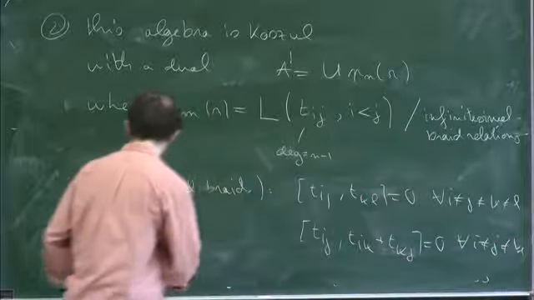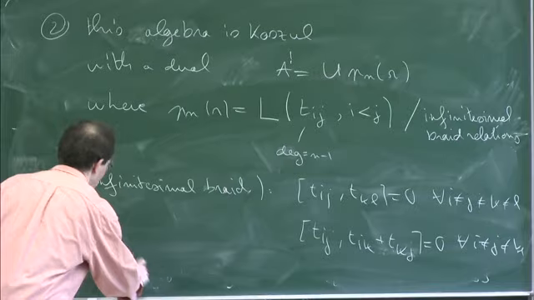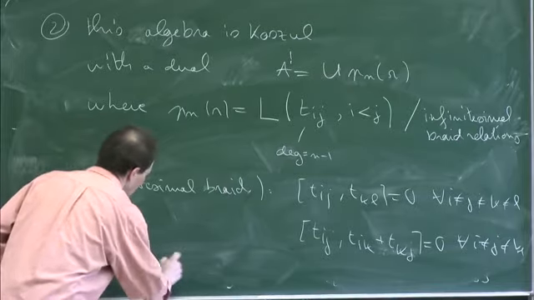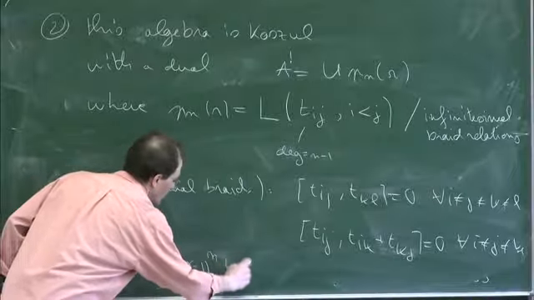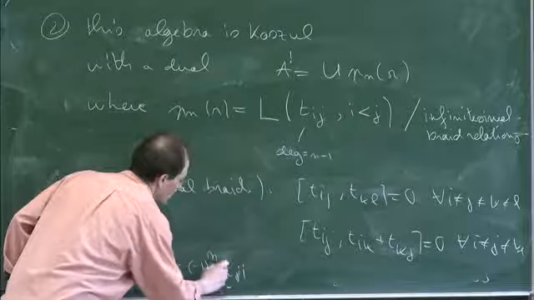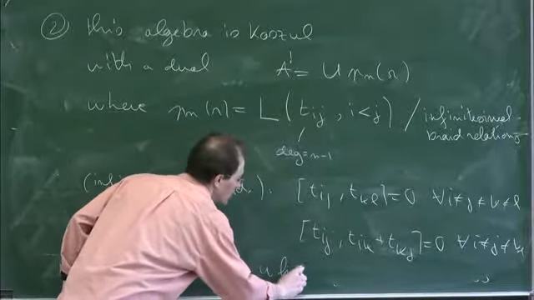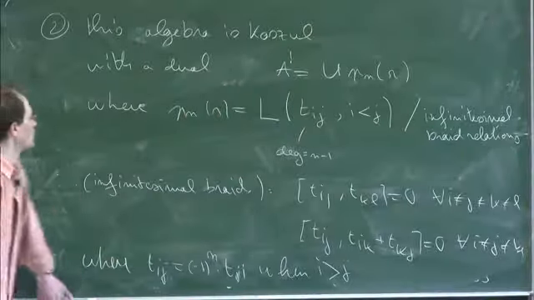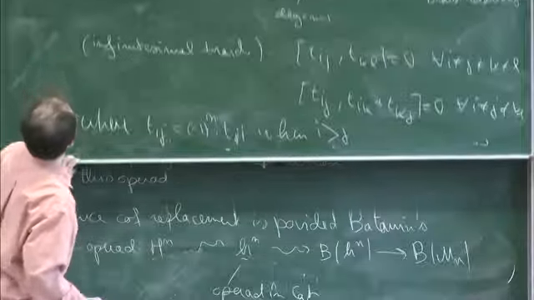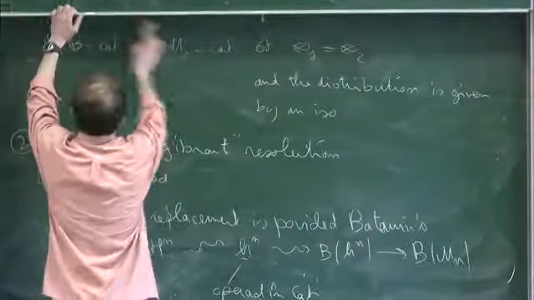And again, I set Tij to be the sum over a from 1 to n of Tja if i is larger than j. So this algebra is Koszul.